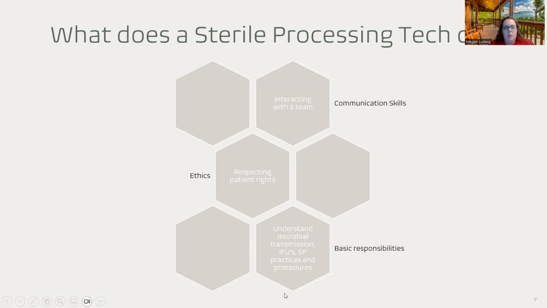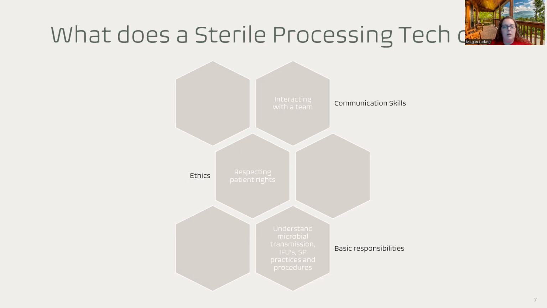And then also, this is a very big one, this last one here, you are going to be responsible for understanding microbial transmission. We're going to get briefly into a little bit of micro, just so you can grasp the importance of making sure you take the steps necessary to sterilize these items. Because if you don't, you could cause surgical site infections in patients, hospital-acquired infections, which could really be detrimental to the patient's healing, or honestly, it could kill them, okay?